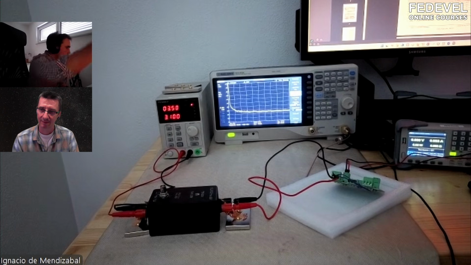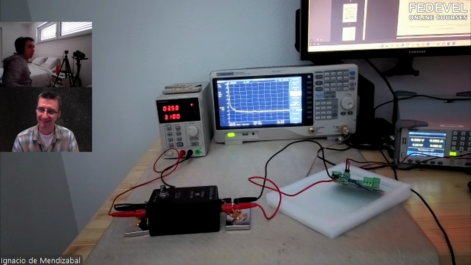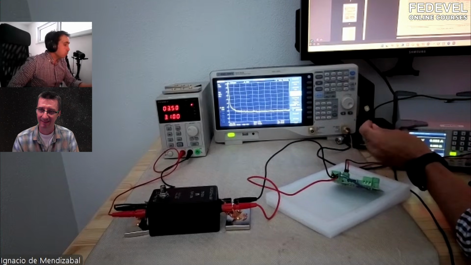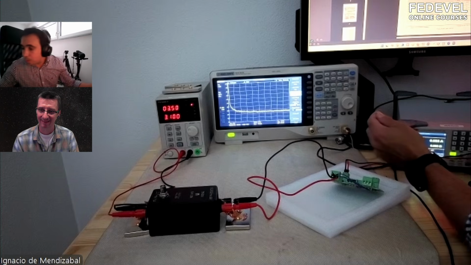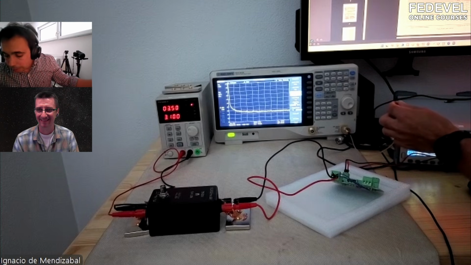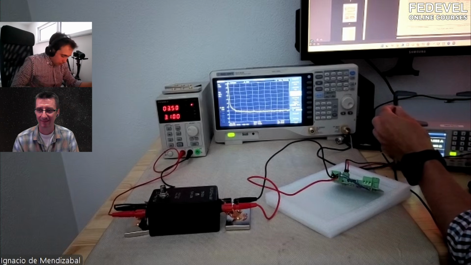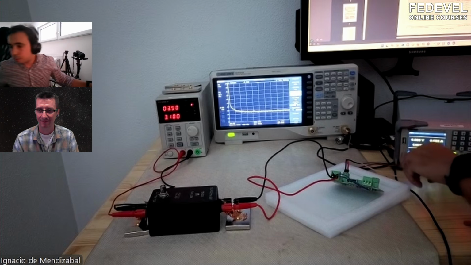For now, the output is 0. What we are going to do is connect here to the radio frequency input port of the spectrum analyzer. Let's start with a near field probe. We have electric, we have magnetic, and it's a switching converter.